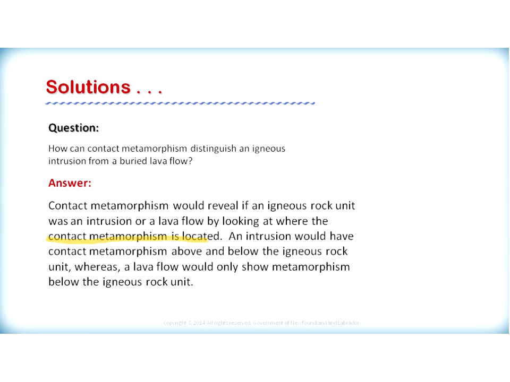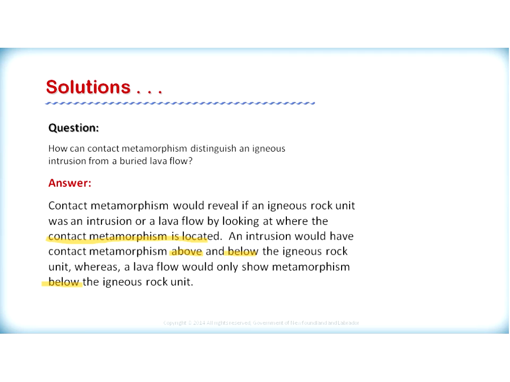An intrusion would have contact metamorphism both above and below the igneous rock unit, whereas lava flows only show contact metamorphism below the igneous rock unit. So these are the two key points that you would use to distinguish between an igneous intrusion and a lava flow.